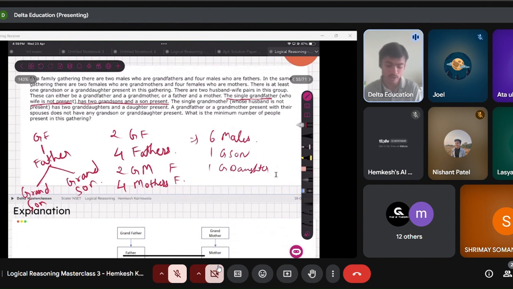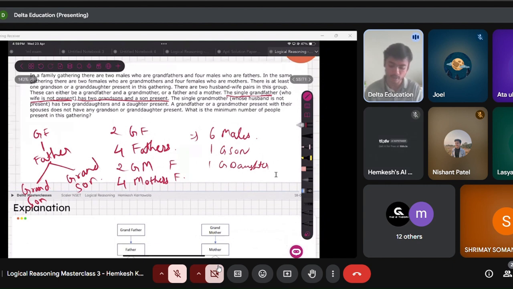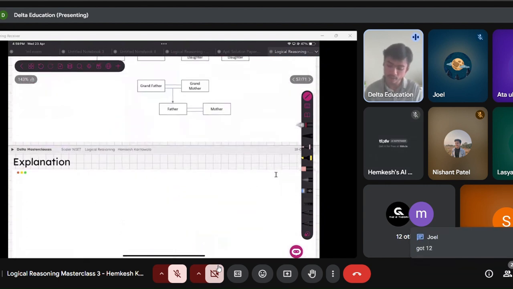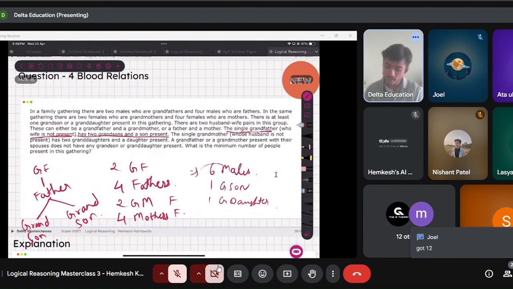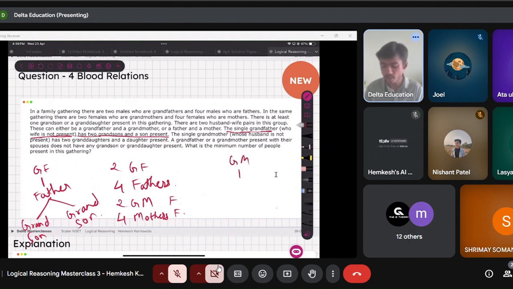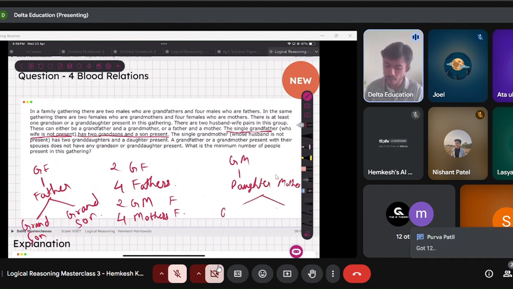The single grandmother, whose husband is not present, has two granddaughters and a daughter present. So let me draw it over here itself. The single grandmother has a daughter, who would be the mother for the two granddaughters. Correct?